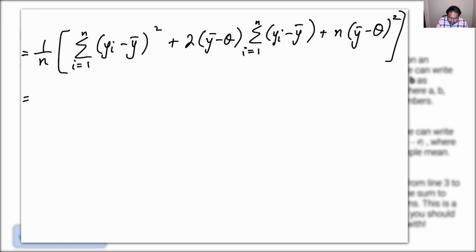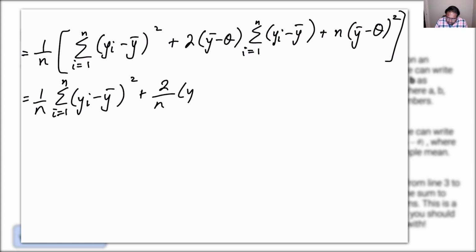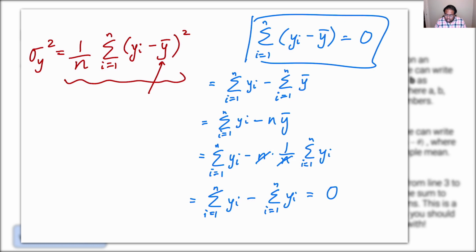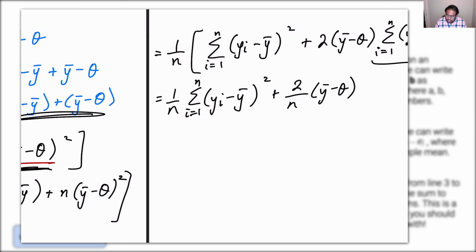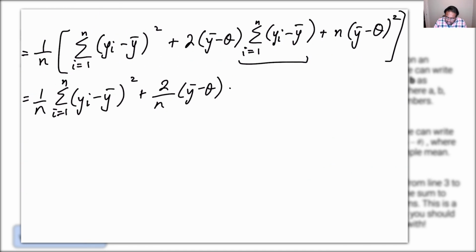And so if I distribute the 1 over n, I get 1 over n times the sum of (yi minus y bar) squared, which is just the variance of y, as we just established, plus 2 over n times (y bar minus theta) times the sum of deviations from the mean. Now, a couple moments ago, we established that this quantity was 0, so I will write times 0, and so this middle term actually vanishes.